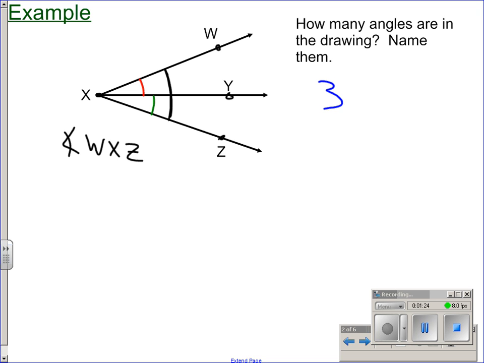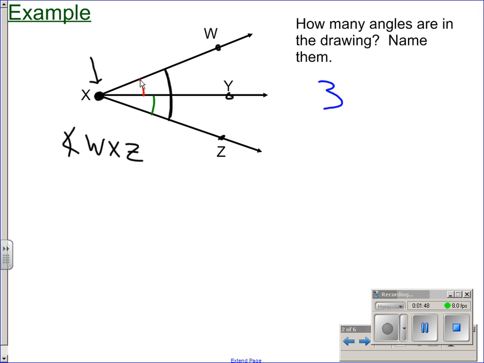The main thing when you name an angle, the vertex has got to be the middle letter, okay? And the other thing is you can't just say angle X. We've got 3 angles here that all have a common vertex of X. If you just say angle X, which one of those 3 are you talking about? So you have to be specific, WXZ.